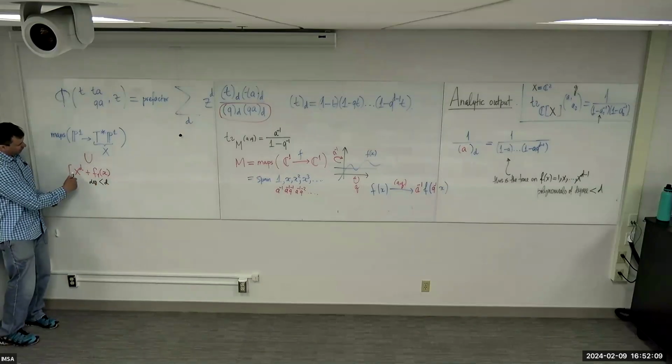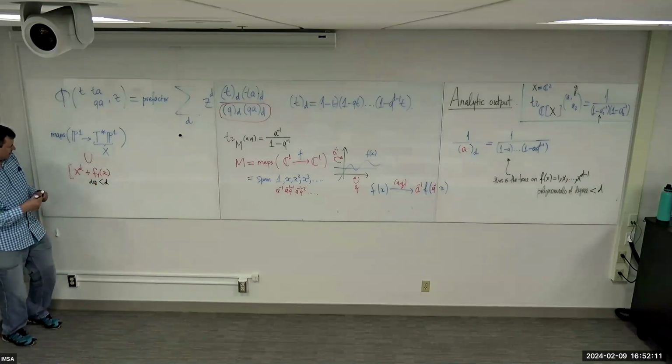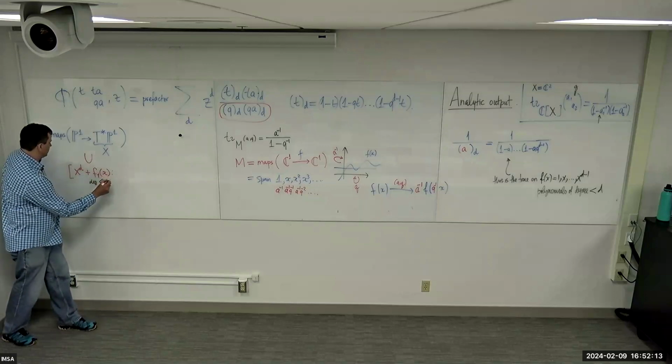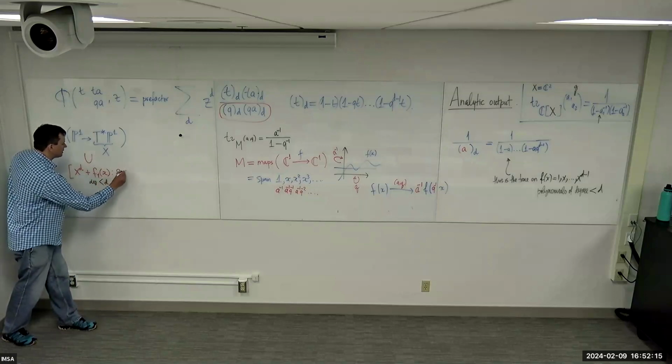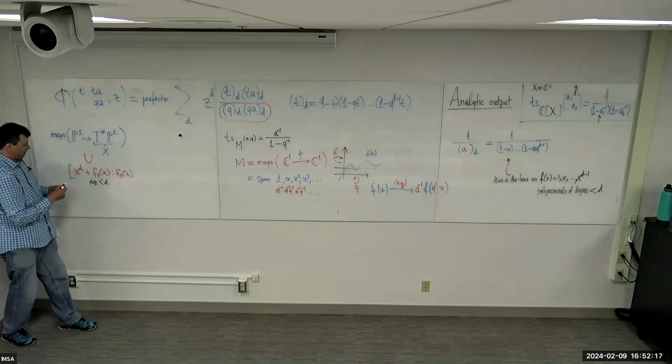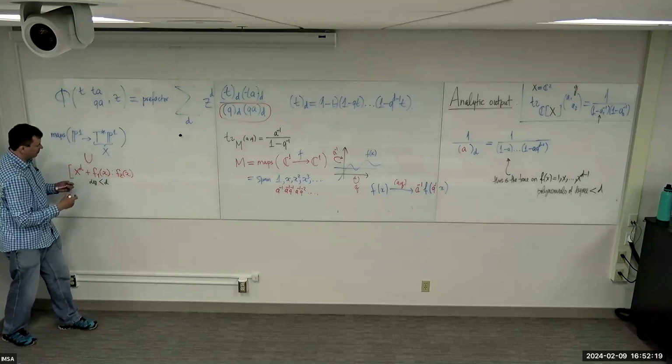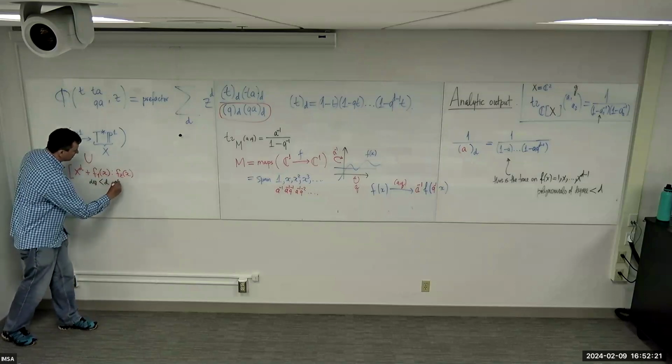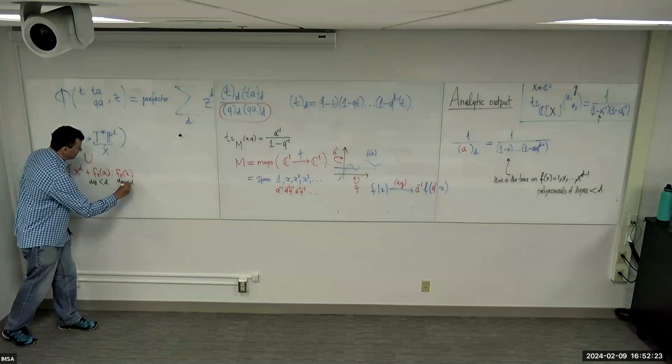Then the other homogeneous coordinate would be just f2 of x, also of degree less than d.